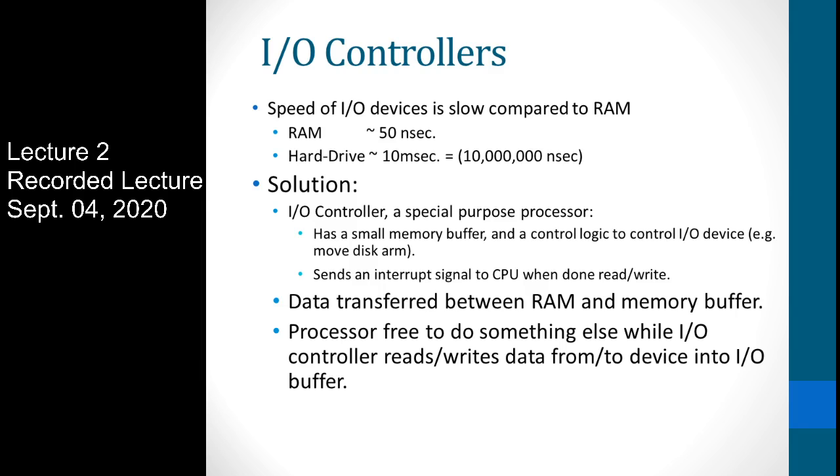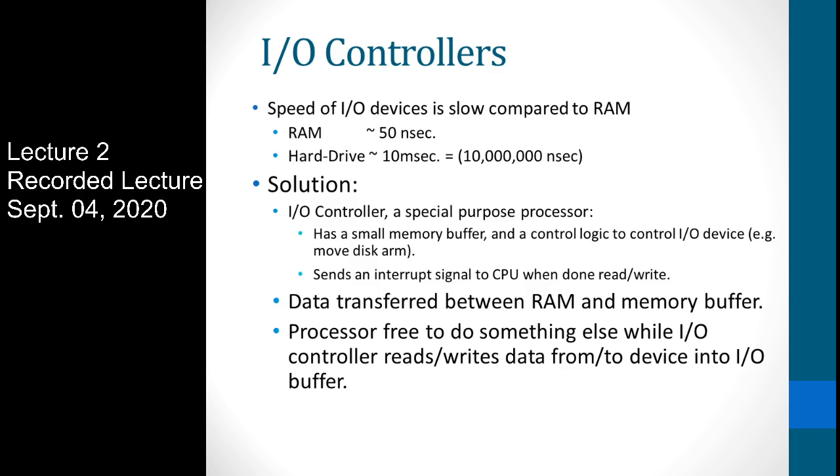Siyempre, walang direkta na pumupunta kay CPU. Dadaan yan kay RAM. And then from RAM, i-access yan ni CPU. And then from RAM ulit, ibabalik ni CPU, papunta kay RAM, papunta ulit dun sa mga I/O controllers.